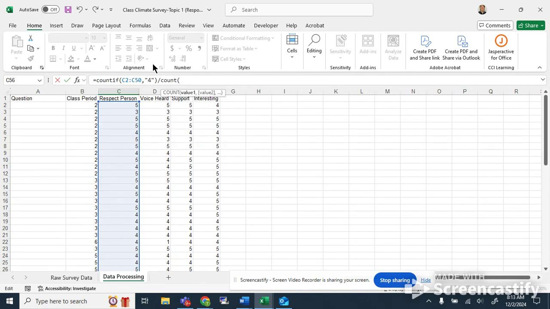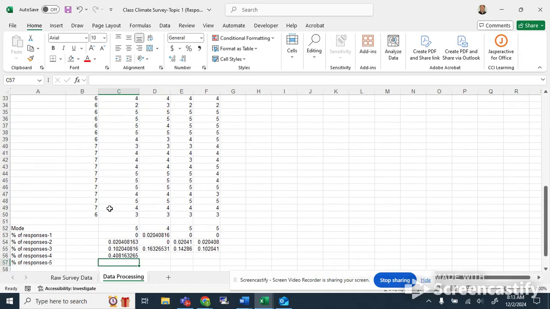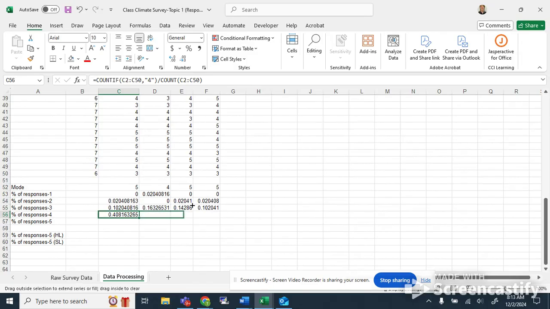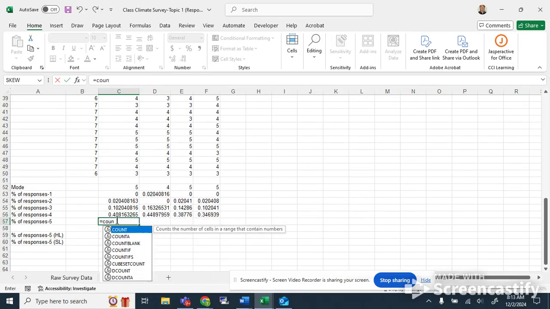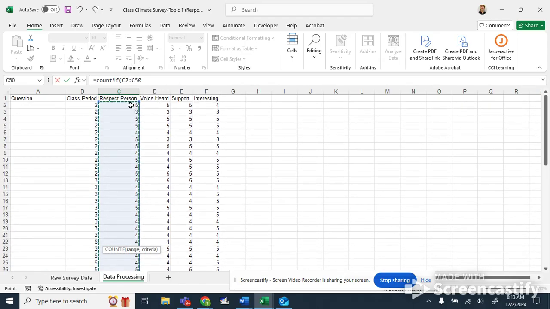The general tip with survey data is you want to analyze it as many ways as you can think of, which we'll get into in just a second. Let's keep on doing the COUNTIF function.